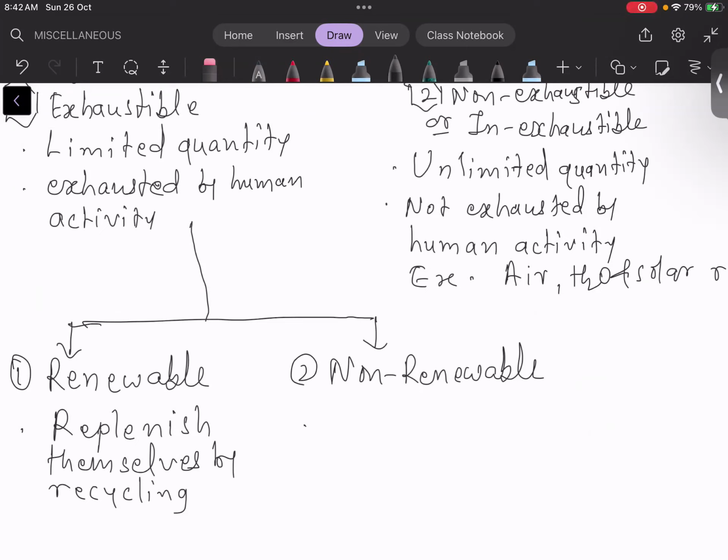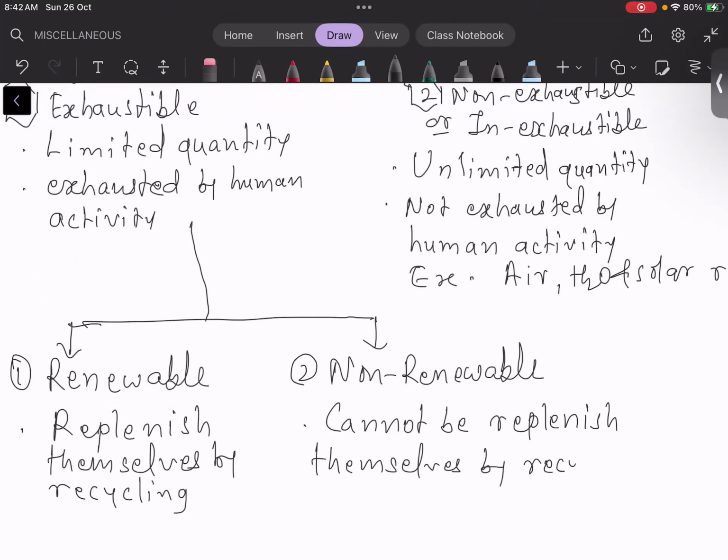They cannot replenish themselves by recycling and replacement.